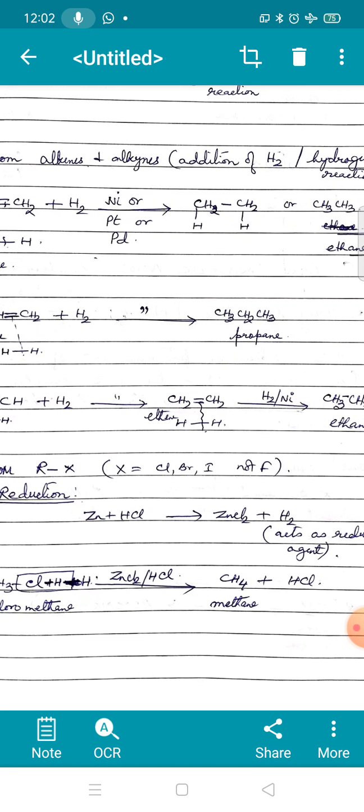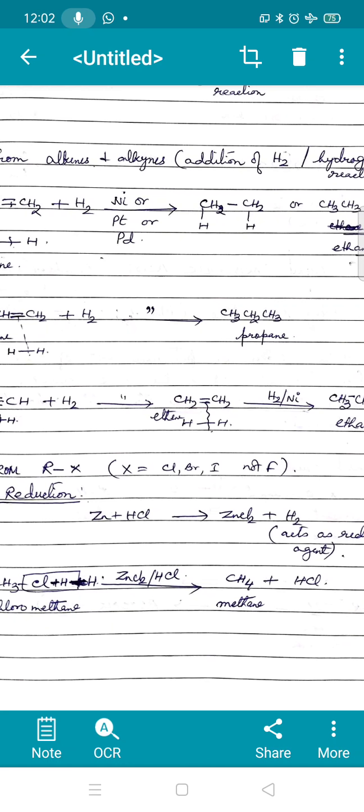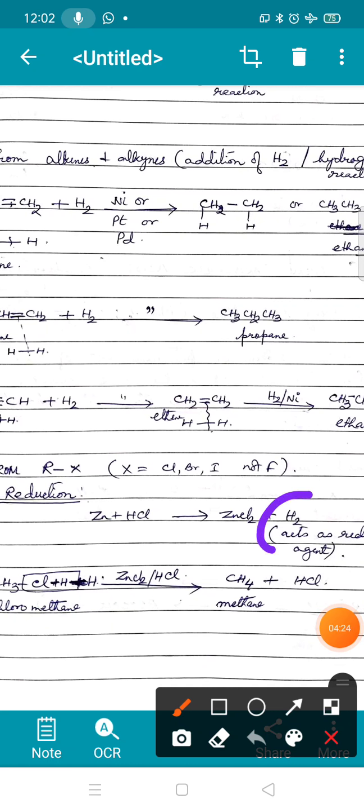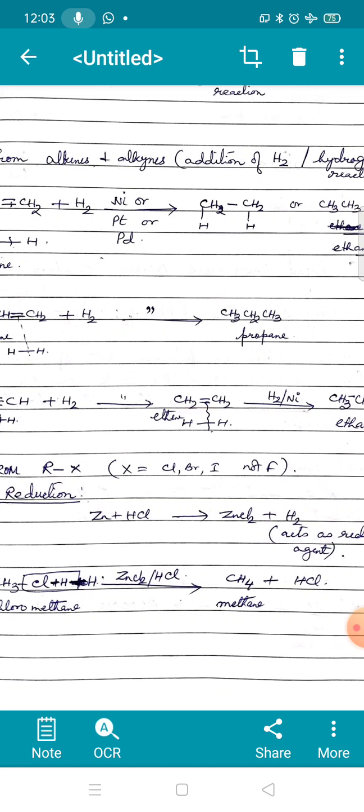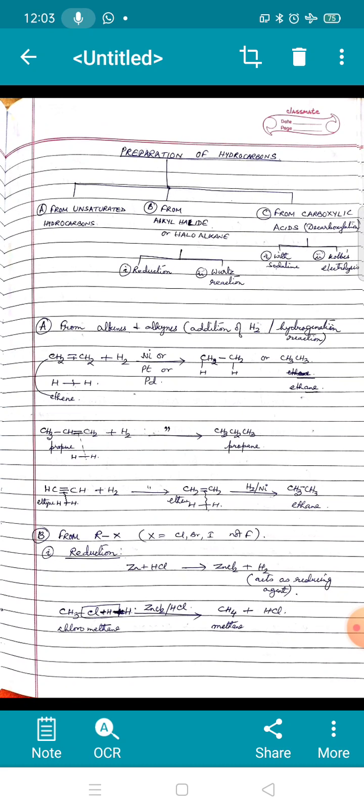Now this hydrogen which is formed here, in the beginning, doesn't form in the molecular state. It comes out as atomic hydrogen, which we call nascent hydrogen, and it is very reactive. So we do not prepare hydrogen beforehand, we prepare it in the system. So we call it in situ, in the situation itself.